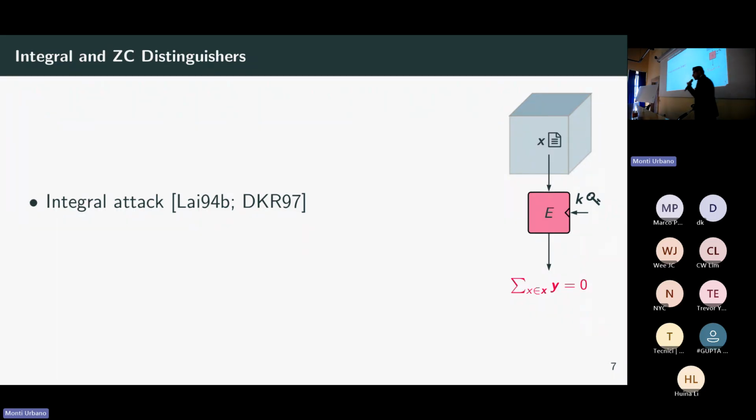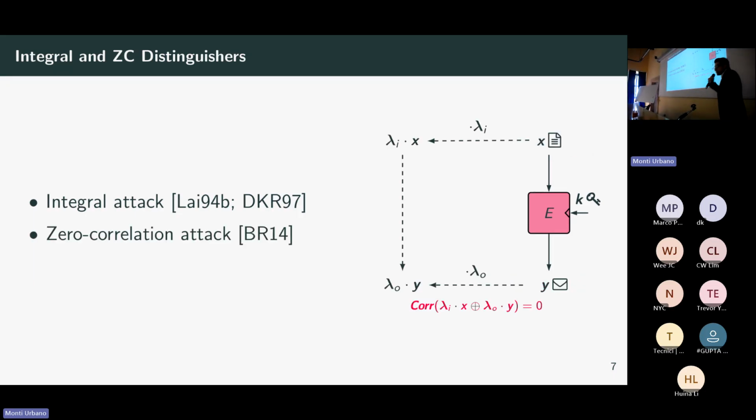But integral attack is a chosen plaintext attack in which we find a set of plaintexts whose corresponding outputs sum to 0. They have a zero-sum property, right? And zero correlation, the idea of zero correlation, is finding a linear approximation for the cipher which has a correlation of 0. And these two look completely independent at first glance.